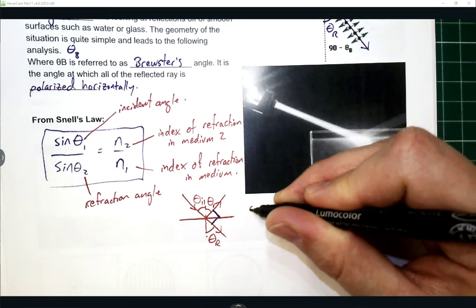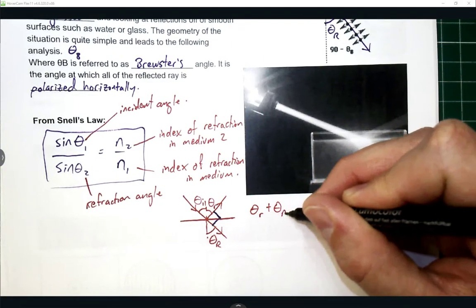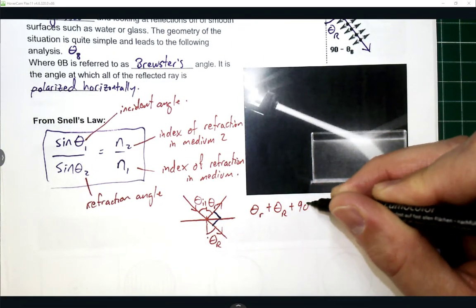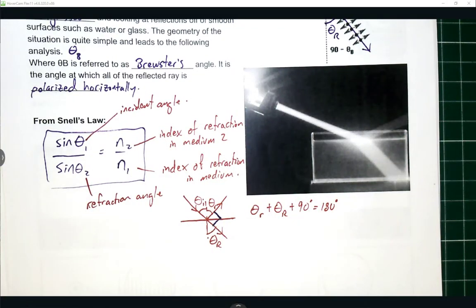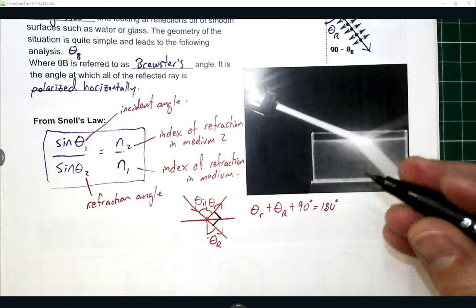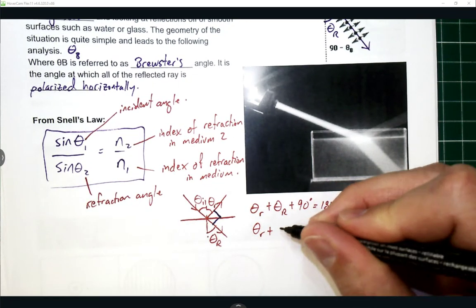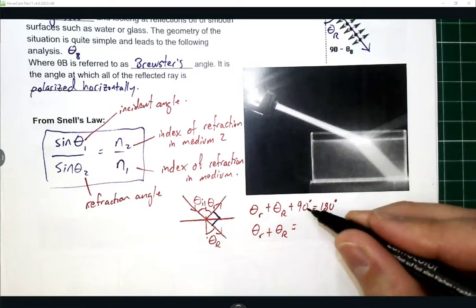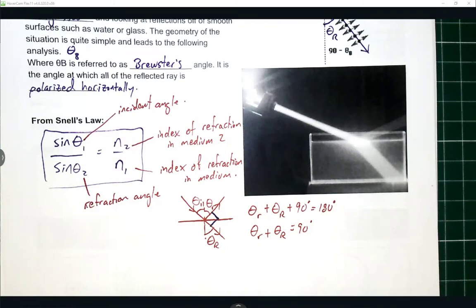So let's look at this. Theta r plus theta big R plus 90 degrees equals 180 degrees. Can we agree on that? That means that theta r plus theta big R, take the 90 over to the other side, equals 90 degrees. Right? 180 minus 90 is 90.